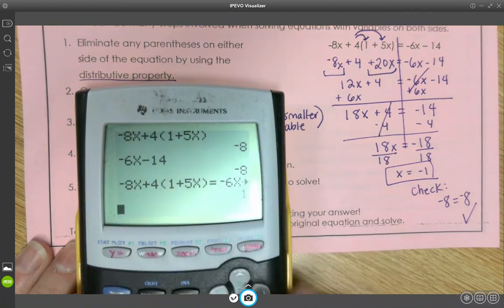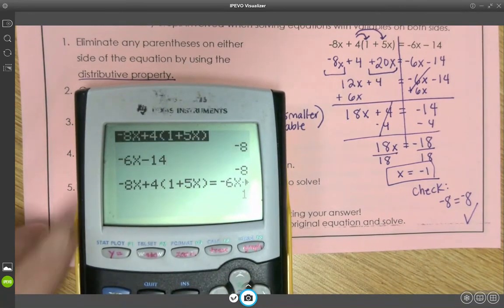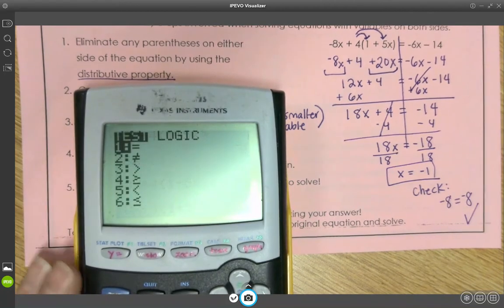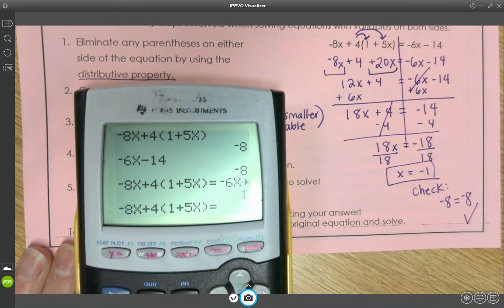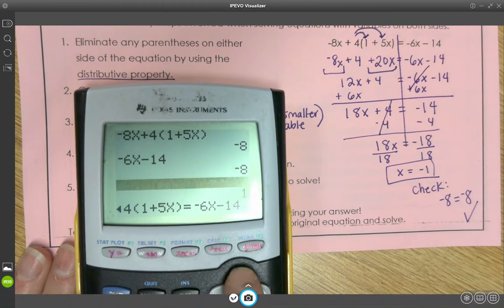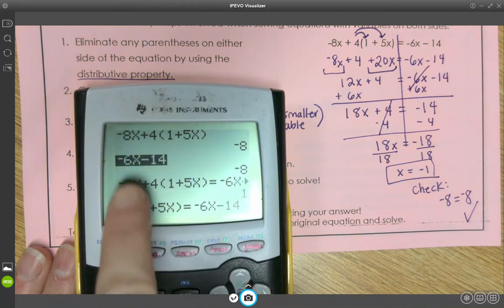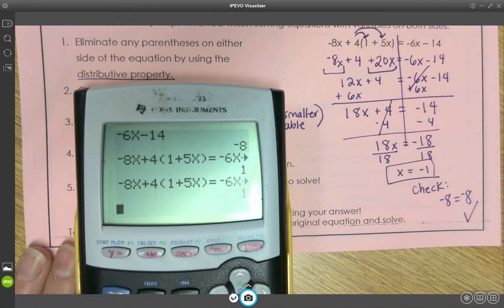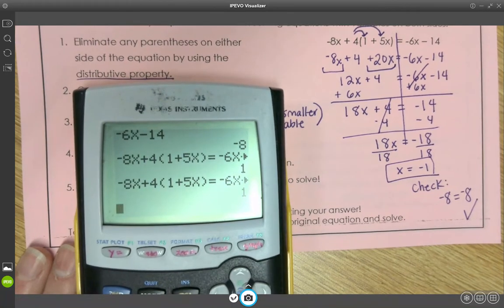You'll put in the equation and then go to test for the equal sign, and then put the other side in there. You can type it out or you can arrow up and it'll grab it and pull it down if you push enter. 1 means true, 0 means false.